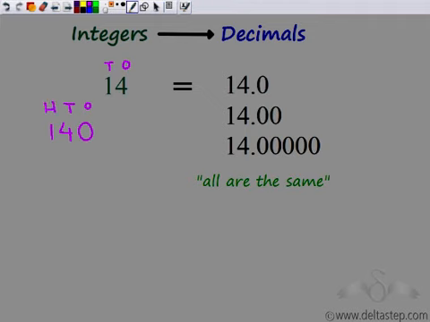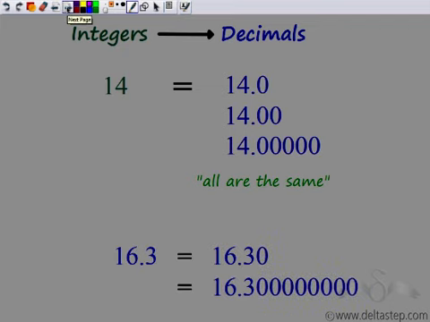So if I add a 0 otherwise, the value of the number has changed because now 4 is no longer a ones, it has become a tens. So remember that you can add as many zeros as you want, but only after the decimal point. That would not change the number. So these all are the same.